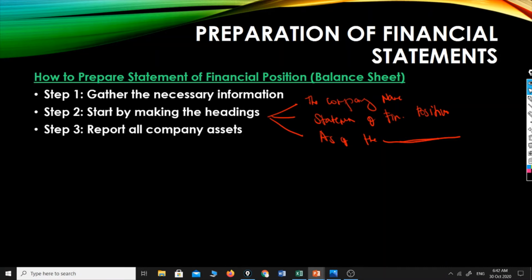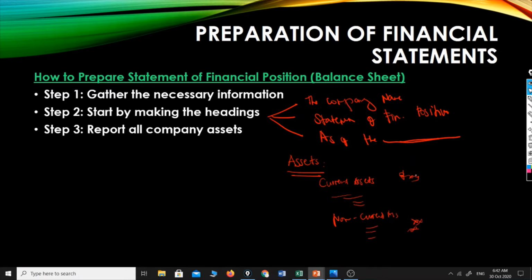Next is the asset. So the first part is the asset section. You put here all the asset accounts. So we have the current assets, and we put all the account titles here, and then the non-current assets, account titles here.